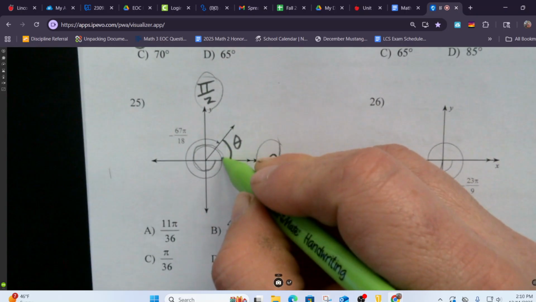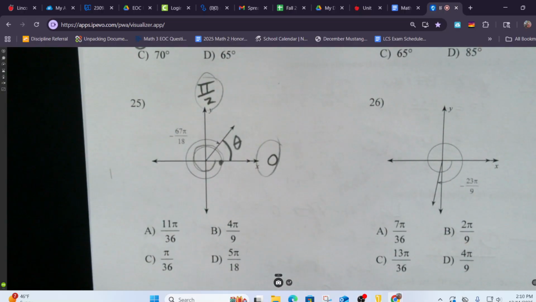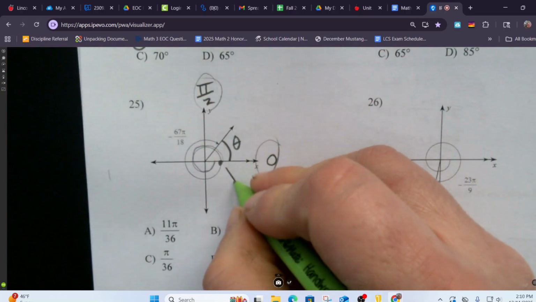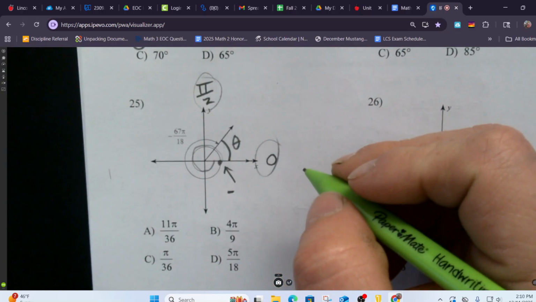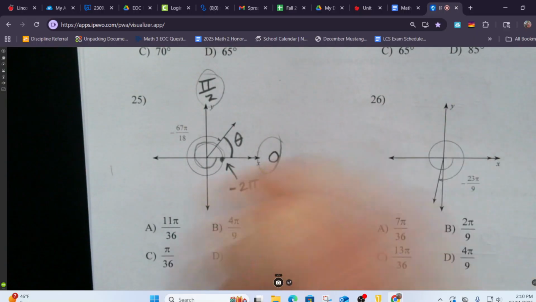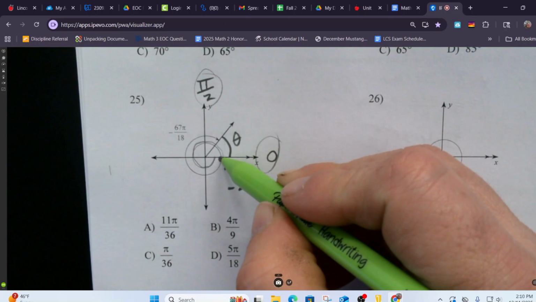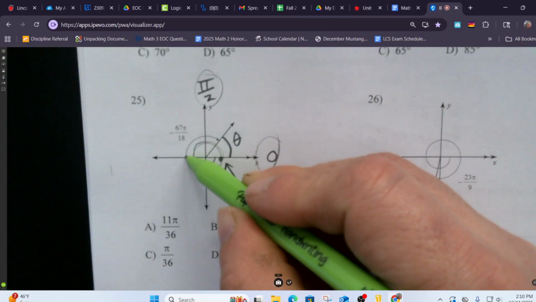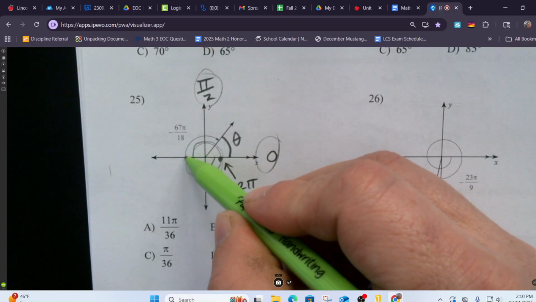If I rotate clockwise, how many radians is that? What's a full rotation in radians? 2 pi, right? Now, if I go back around here, how many pi's is that?